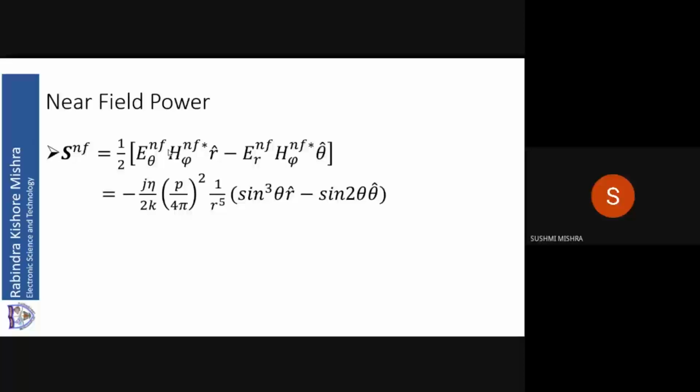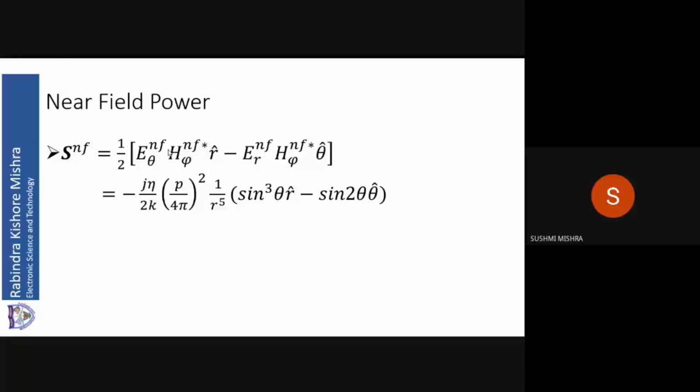Now we have an additional theta cap. Not only that, once we multiply that, the whole thing contains a j component. So that becomes minus j eta upon 2 pi, p by 4 pi square, then whatever is there. All other terms are there.